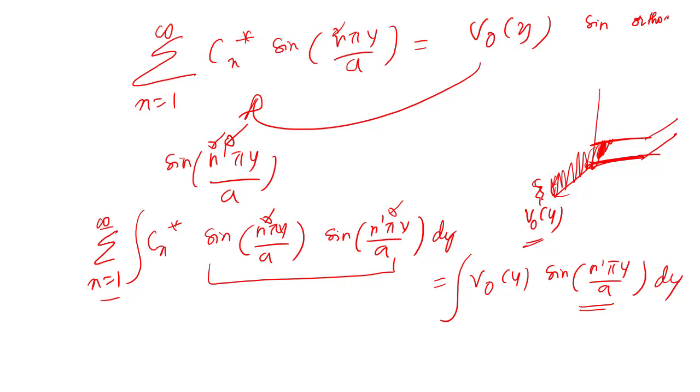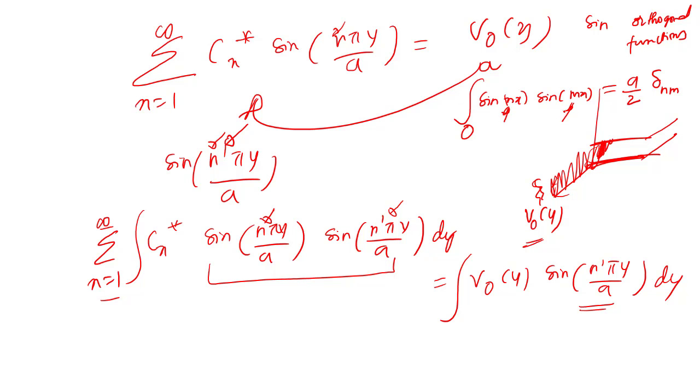A property of these orthogonal functions is that if you have something like sine nx times sine mx, and you are integrating over a region of 0 to a, then this would be equal to a by 2 delta nm. That is, if you have n and m different, their product when integrated would be 0.